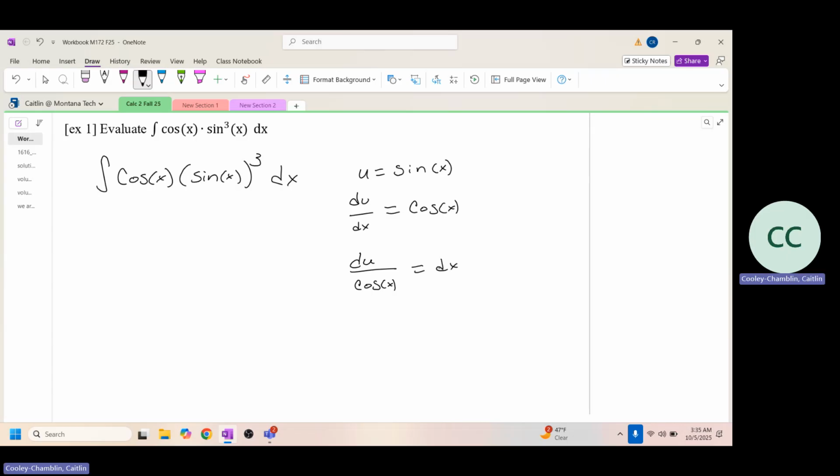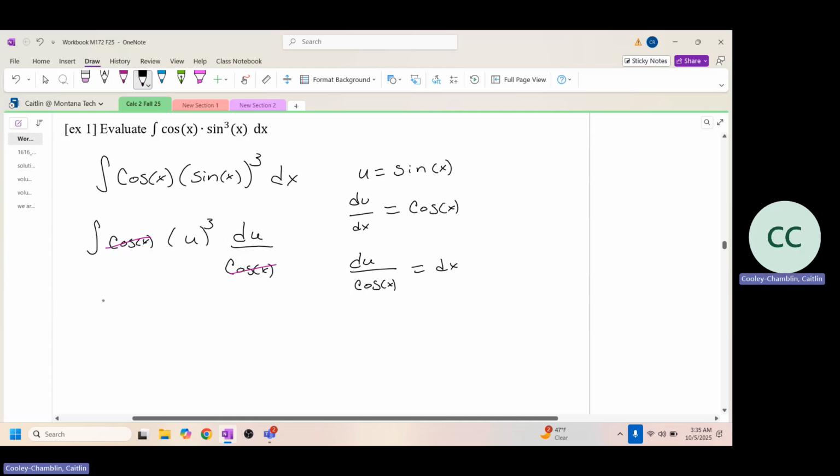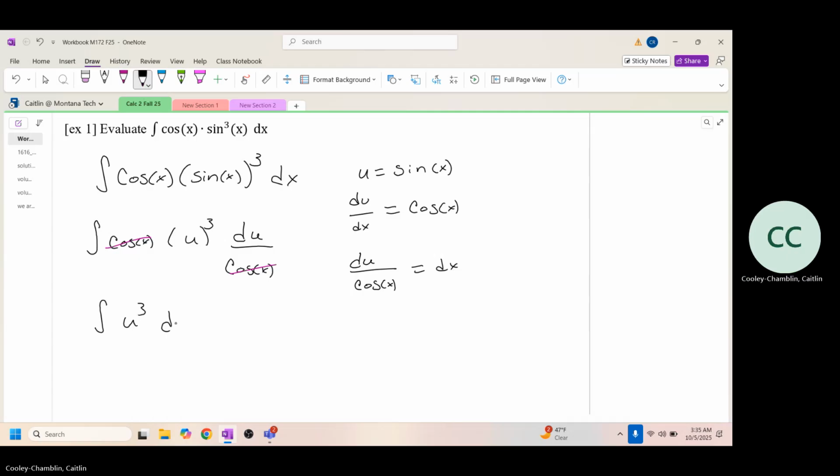So we can plug this in, and I get the integral of cosine of x times u cubed du over cosine of x. And so the cosine and cosine cancel out, and I get the integral of u cubed du.